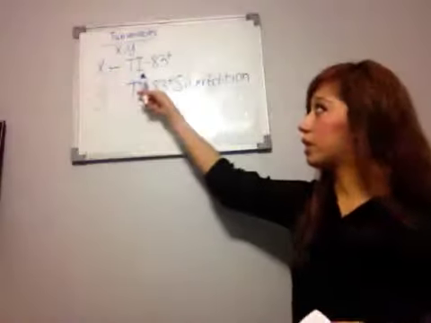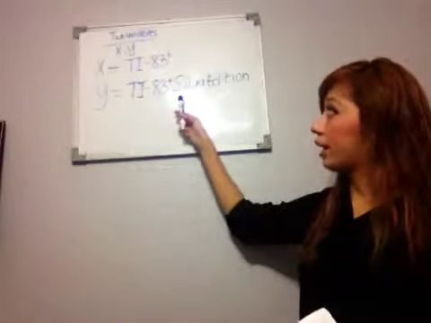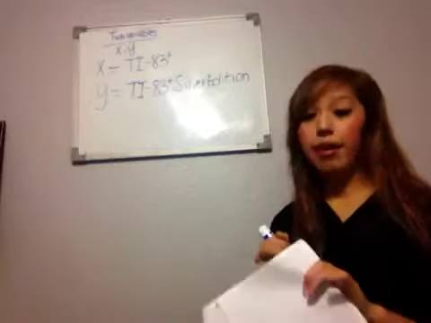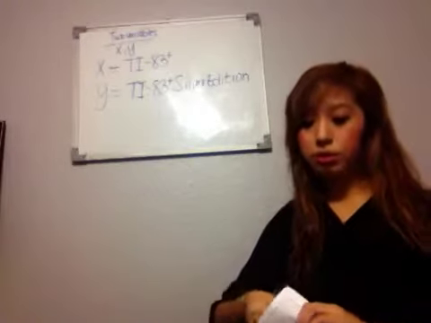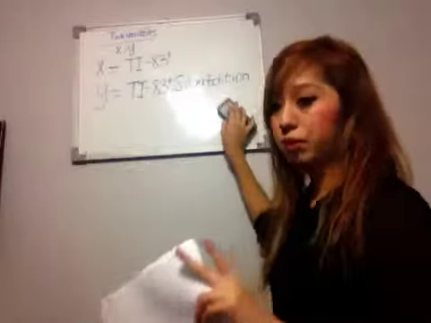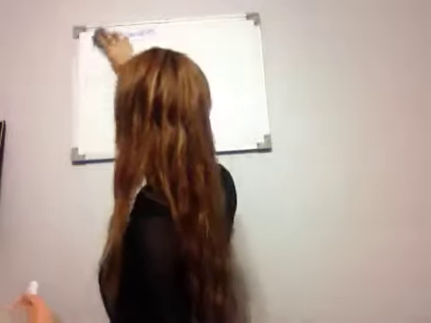So X will be TI-83 Plus and Y will be TI-83 Plus Silver Edition. Now that you've figured out the 2 variables, you need to figure out the 2 equations that you need. Just like in number 1, you will have 2 equations to solve this word problem.